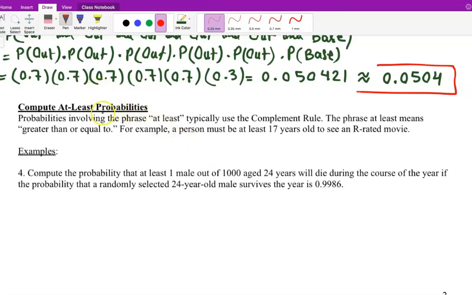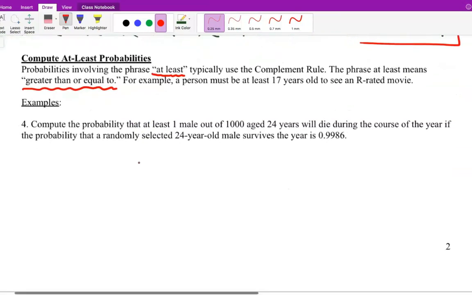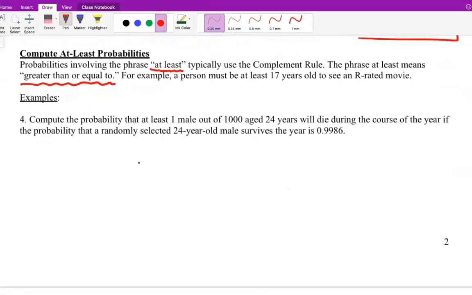Now next part, compute at-least probabilities. When we have at least, that means greater than or equal to. For example, compute the probability that at least one male out of 1,000 aged 24 years will die during the course of the year, if the probability that a randomly selected 24-year-old male survives the year is 0.99886.